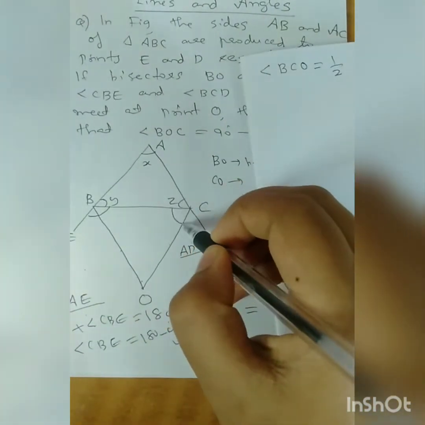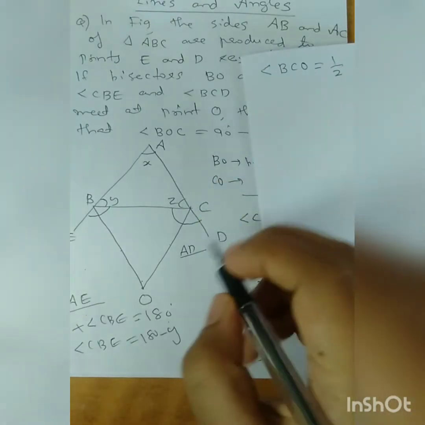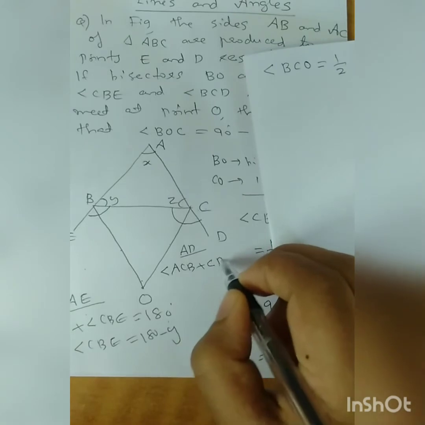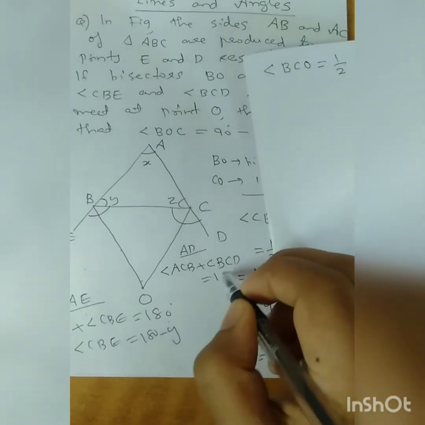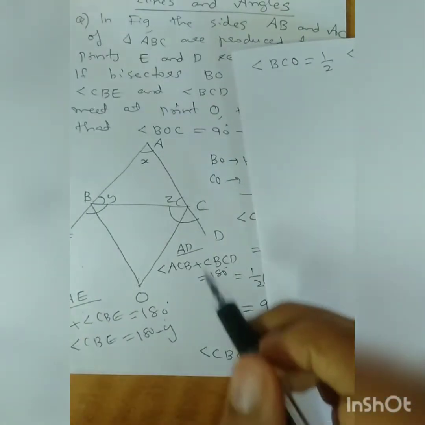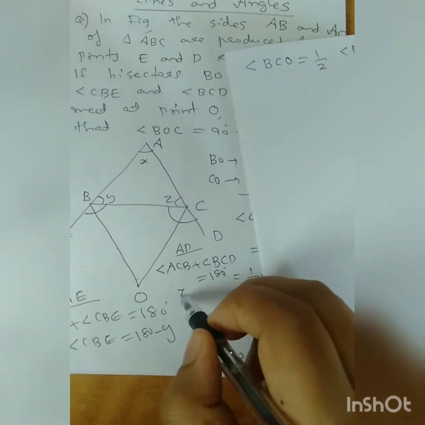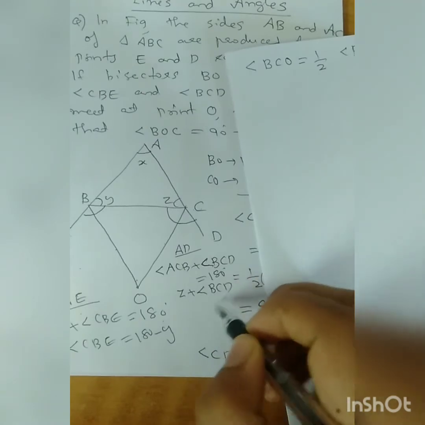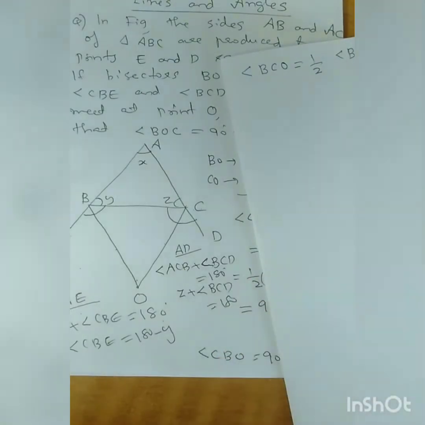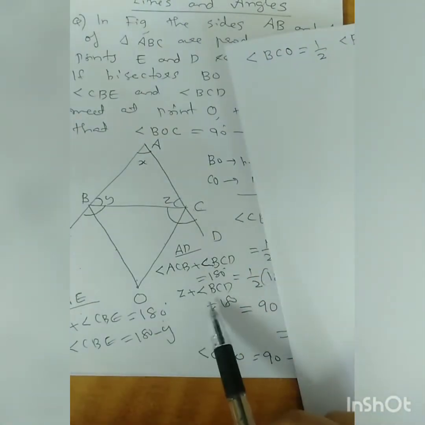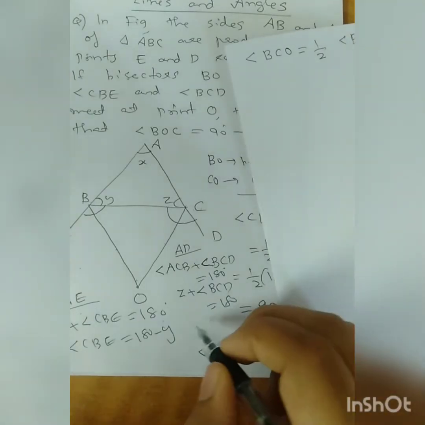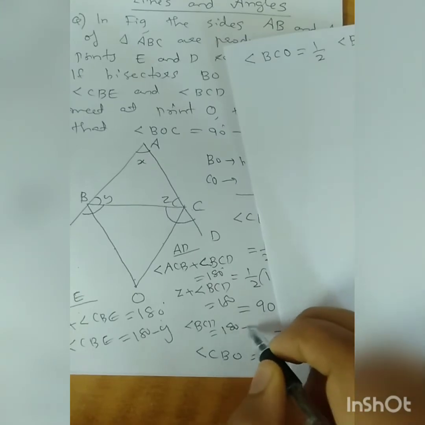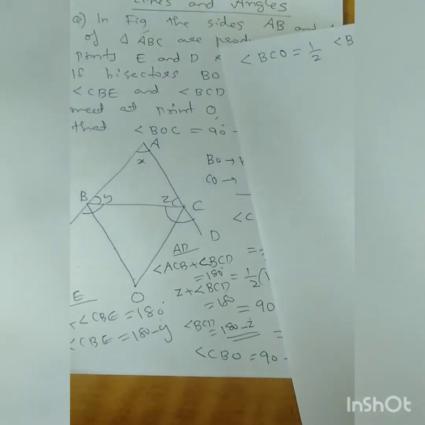Then the sum of these two angles is equal to 180, that is angle ACB plus angle BCD is equal to 180 degree. Angle ACB is equal to Z, so Z plus angle BCD is equal to 180. Therefore angle BCD is equal to 180 minus Z degree.